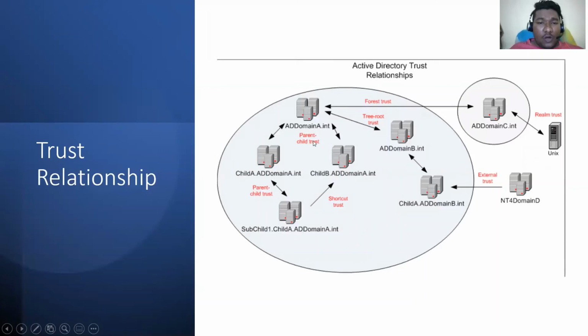That's the reason it is called a parent-child trust. And by default, the parent trusts the child and the child trusts the parent. And this is a shortcut trust, and we have external trust, and this is the forest trust.